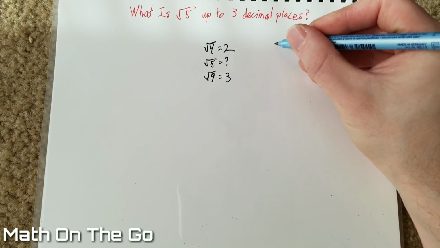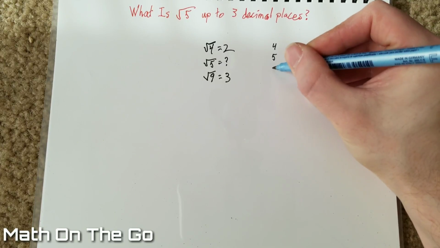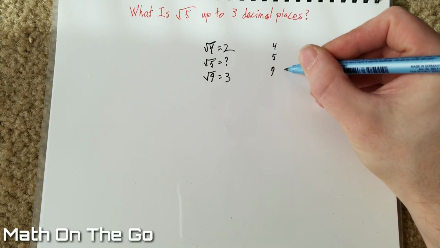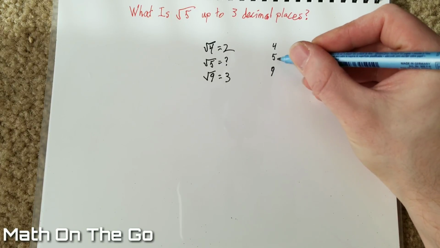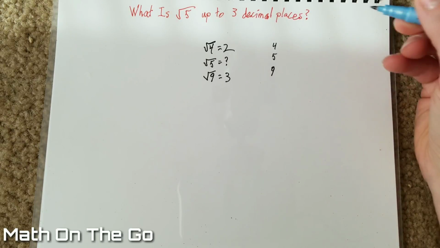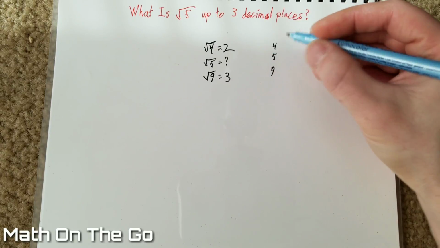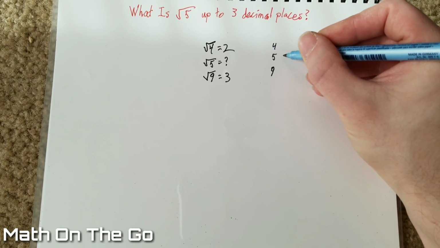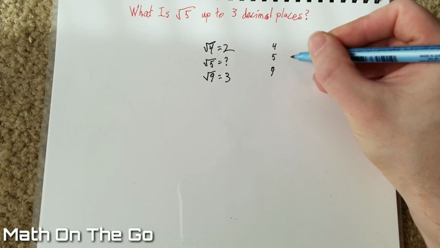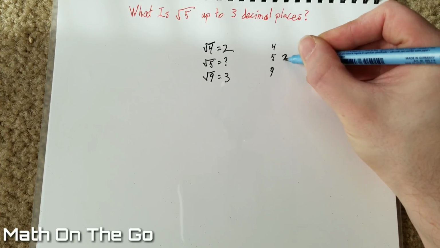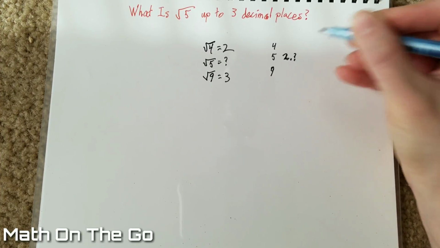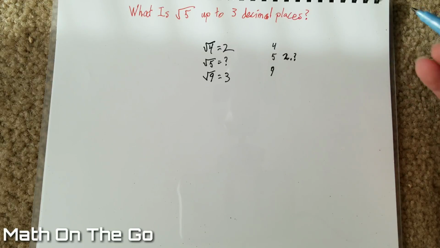Well, we have 4, 5, and 9. 9 is 4 away from 5, and 5 is 1 away from 4. So the square root of 5 is going to be 2 point something. But what is that something?